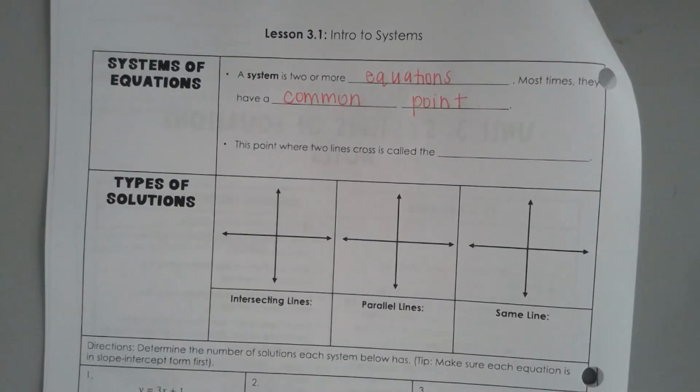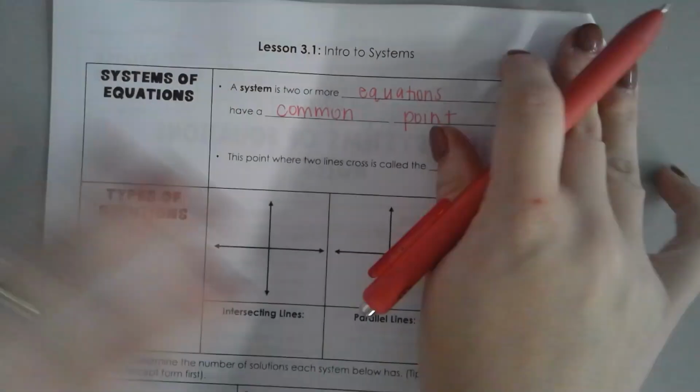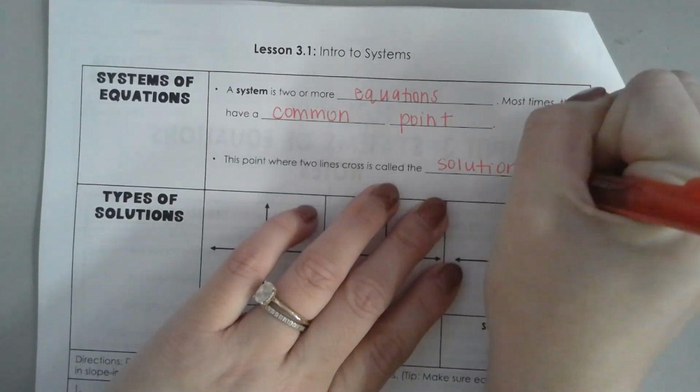We're specifically looking at systems of linear equations, meaning straight lines. So we're really looking for the point where the two lines cross, and that point where they cross we call the solution to the system.